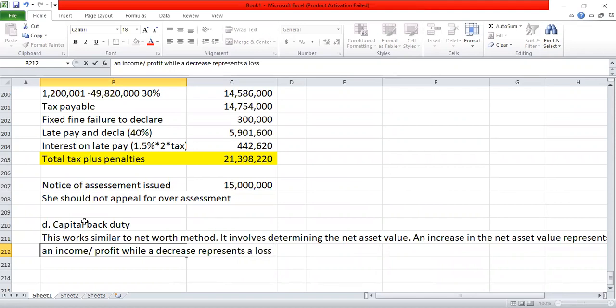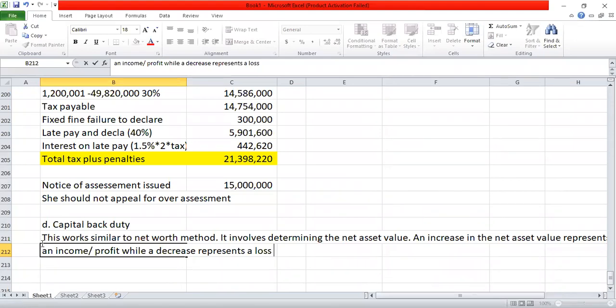So you do almost the same. You check your net asset value. Any increase in the net asset value represents an income, and any decrease in the net asset value represents a loss.